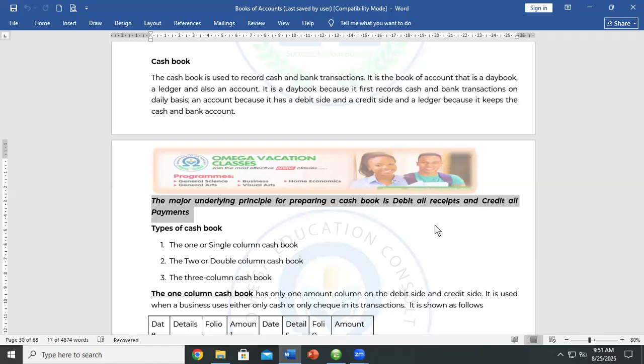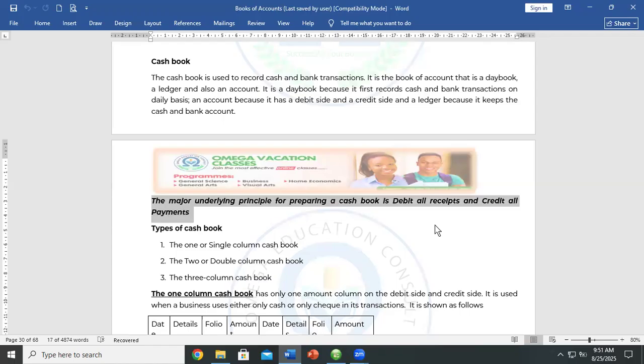So basically at the cash book, either you are receiving money, which may come in the form of cash or check, or you are making payment, which may also be in the form of cash or check. So we are saying that you debit all the receipts and you credit all payments.